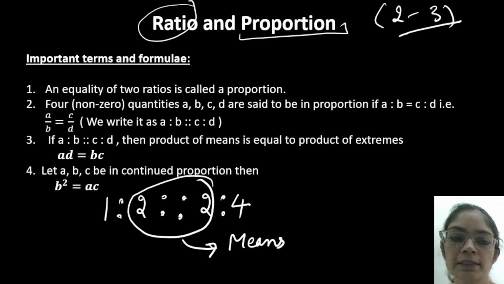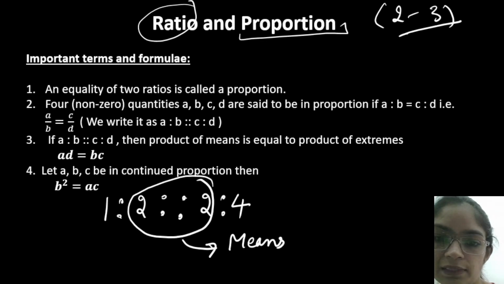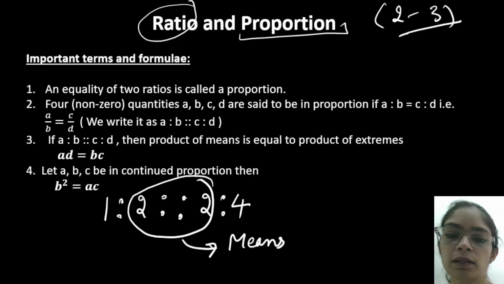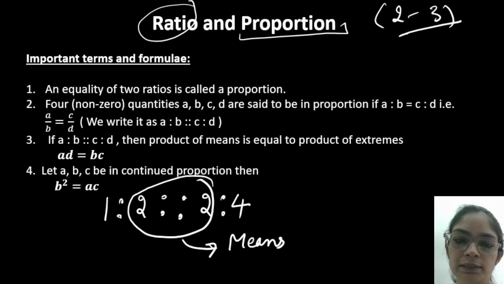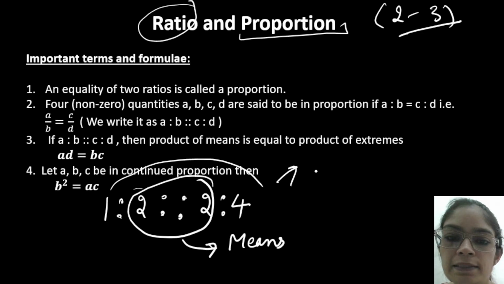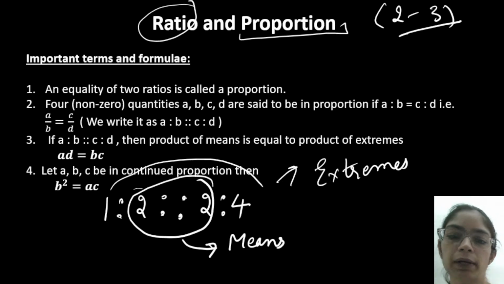You can remember M from middle and mean also starts with M. So both the words are from M only. So middle ones are the means, and the outer ones, like 1 and 4 here, are known as extremes. Outer ones are extremes, middle ones are means.